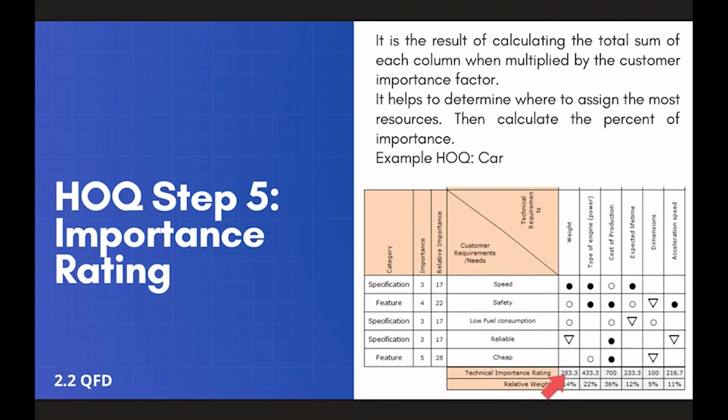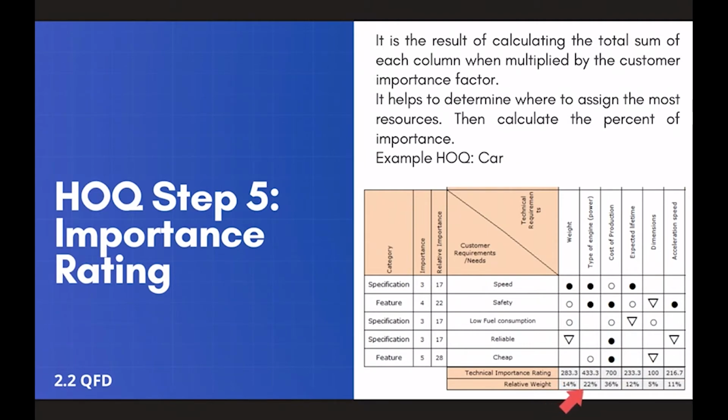So we will sum 283 plus 453.3 plus 700 plus 223.3 plus 100 plus 216.17, so you will get around 1900 something. And then to find the relative weightage for this criteria, 283.3 divided by the total sum, and then you times 100%, so you will get 14%.